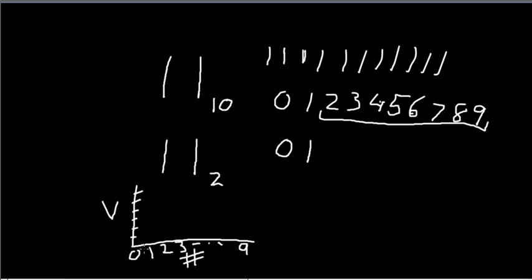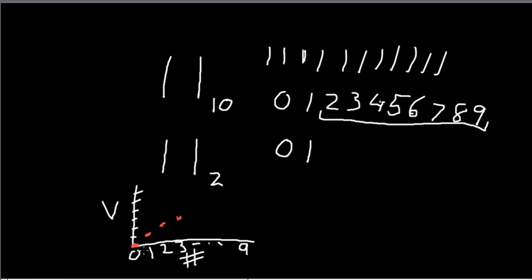Maybe 0 would be right there, maybe the number 1 will be represented by this voltage. Number 2 will be represented by that voltage. Number 3 by that voltage, etc.